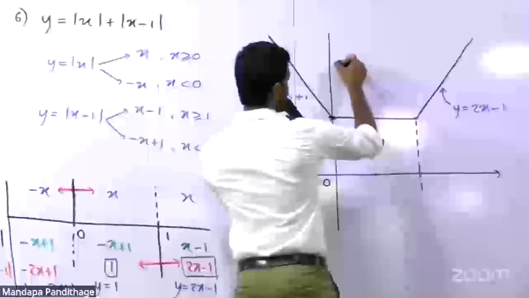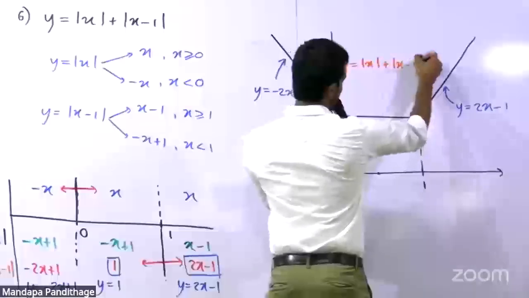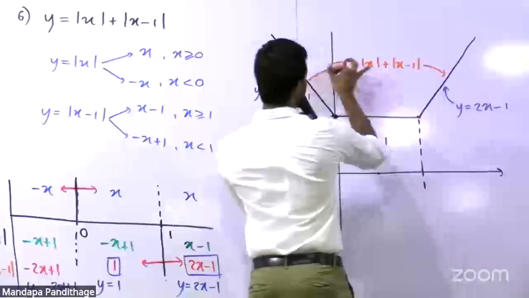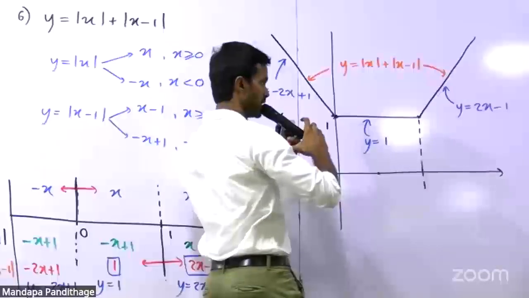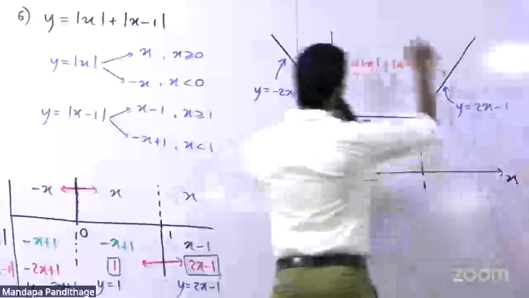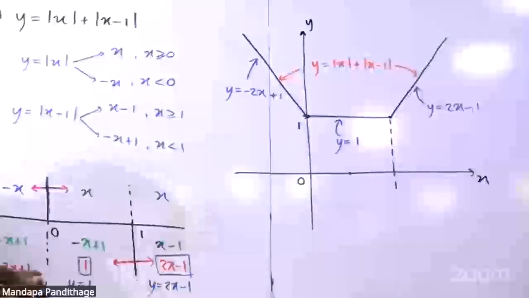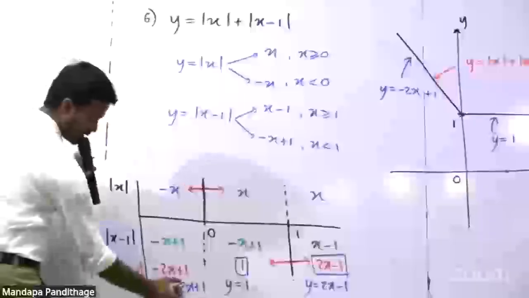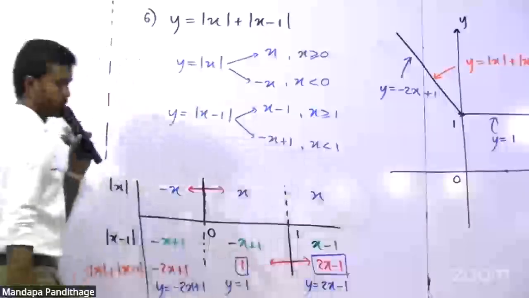So this shape is the graph of y equals modulus x plus modulus x minus 1. So what did I do? I wrote the definition, and then inside these regions, you have to separately sketch y equals minus 2x plus 1, y equals 1, and y equals 2x minus 1.